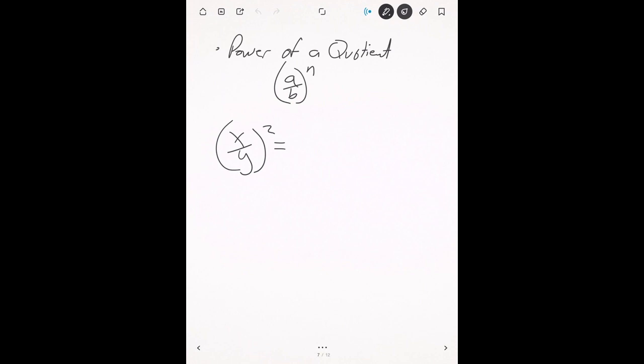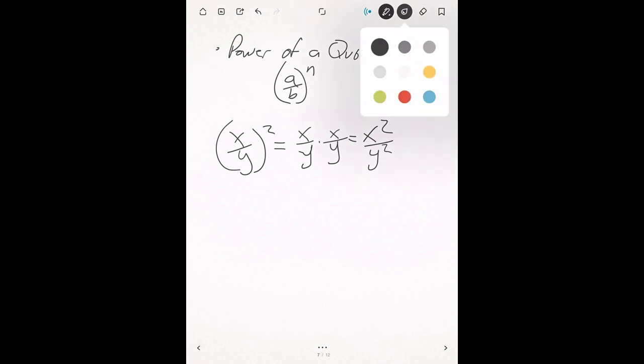Okay, now let's take a look at the power of a quotient property. With the challenge of taking x over y whole quantity squared, we can say, well, that's just x over y times x over y, which is just x squared over y squared. Maybe we do have a similar shortcut here.